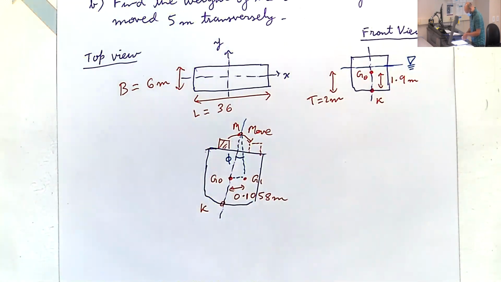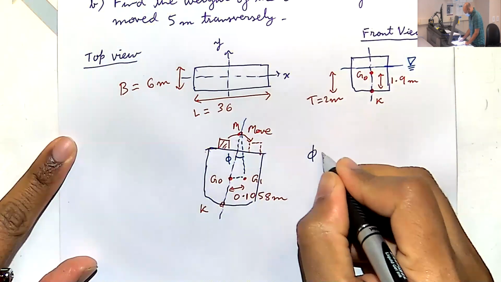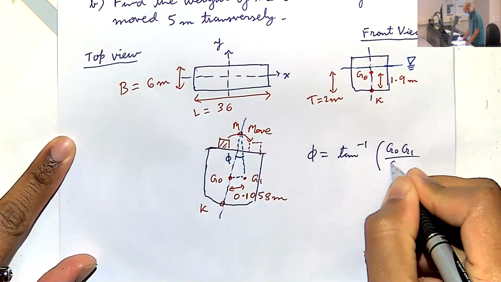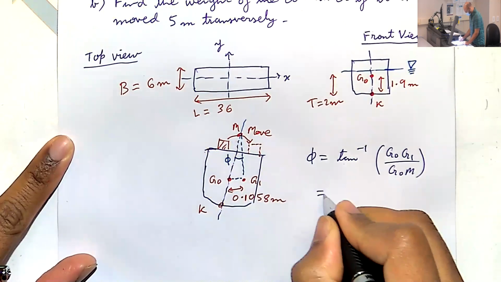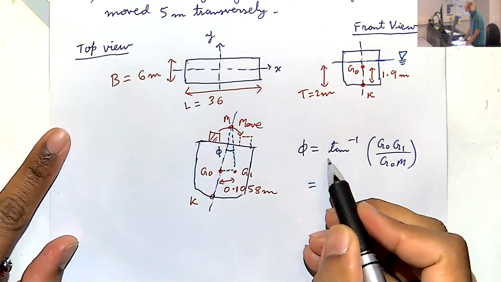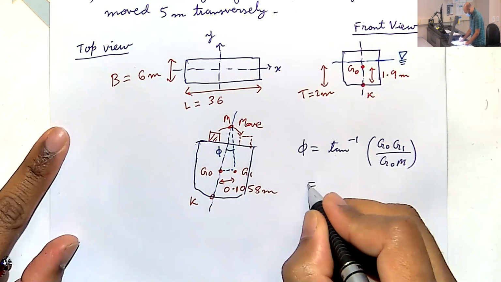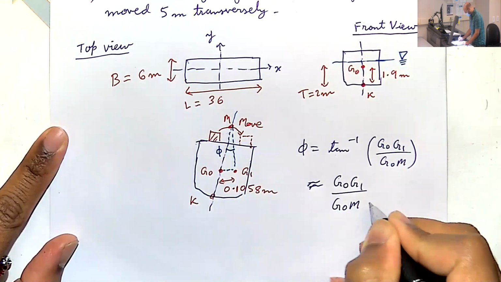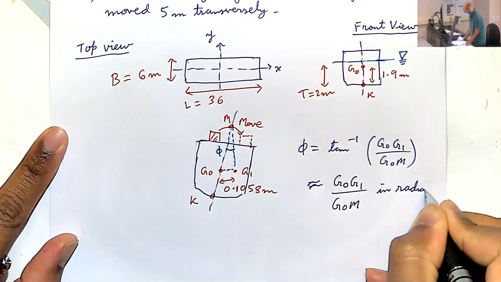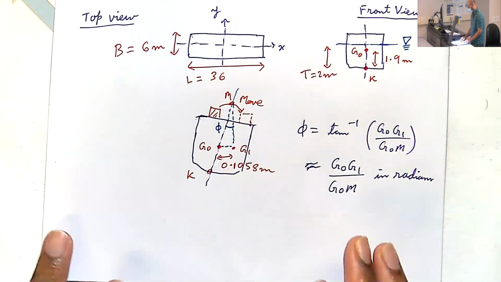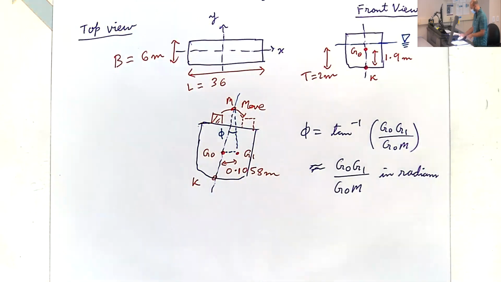So to compute phi, we would have tan inverse of G0G1 over G0M. And remember for small angles, sine and tan are equivalent to the angle itself in radians. You don't have to do this; you can use the tan inverse function on your calculator, but you'll see for small angles the answer is basically the same.